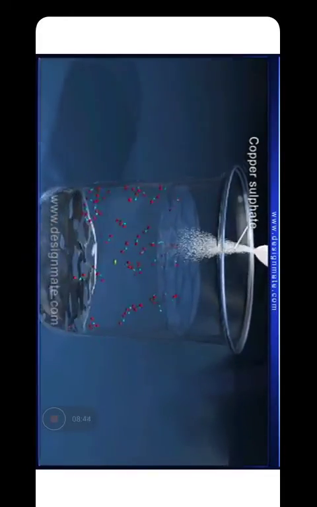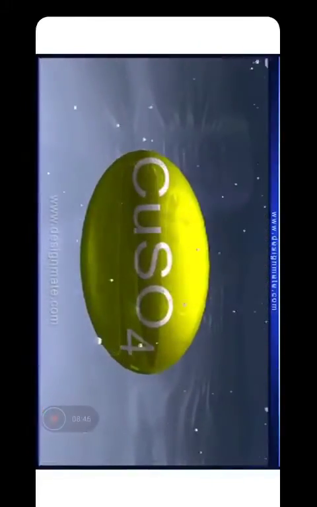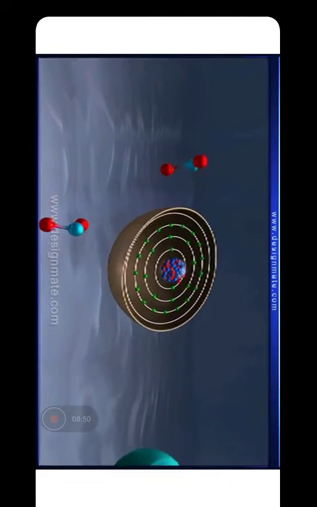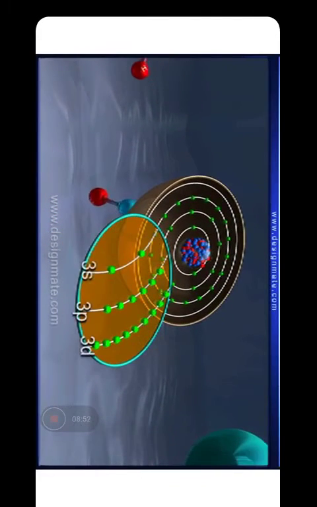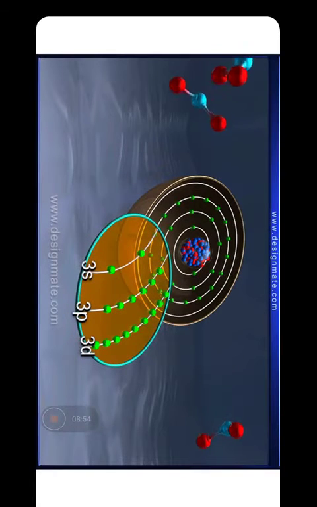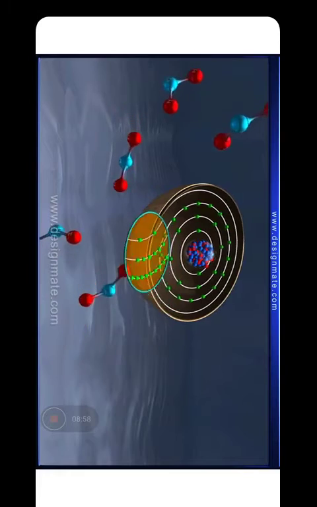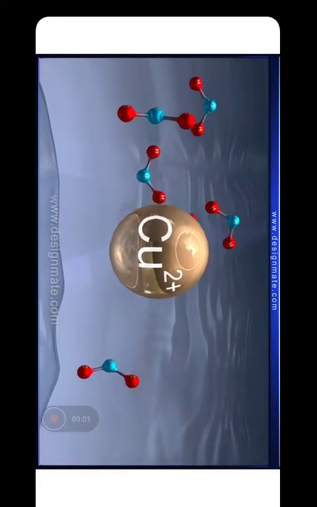When solid copper sulfate is dissolved in water, it dissociates into cupric and sulfate ions. The 3d sublevel in cupric ion has 9 electrons arranged in 5 degenerate orbitals, that is, orbitals having equal energy.